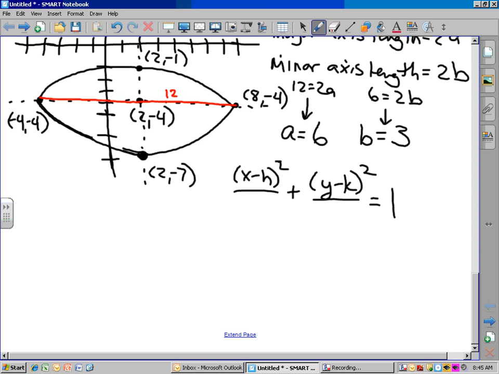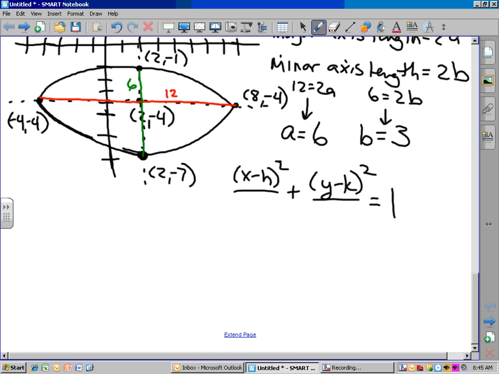And then the entire distance this way is 6. So the major axis length was 12. The minor axis length was 6. So that's why I said 12 is 2a, 6 is 2b, a is 6, b is 3.